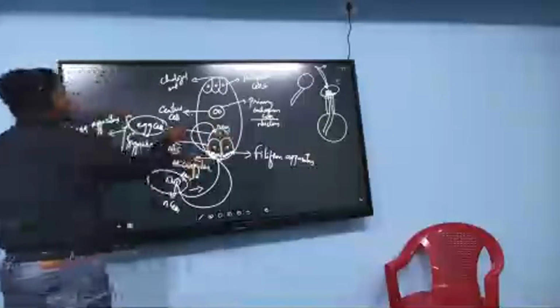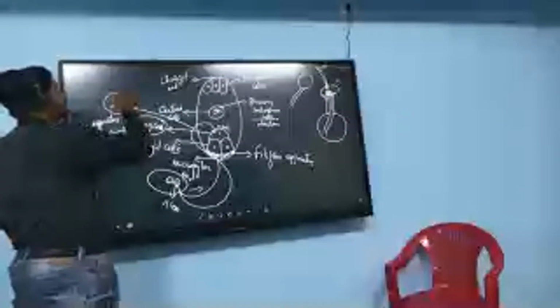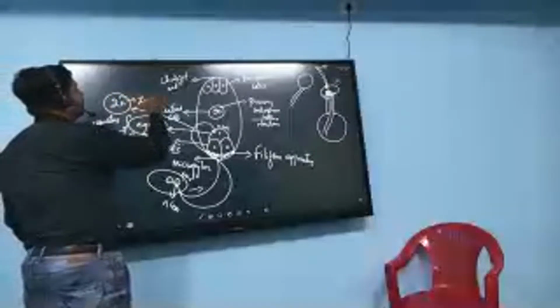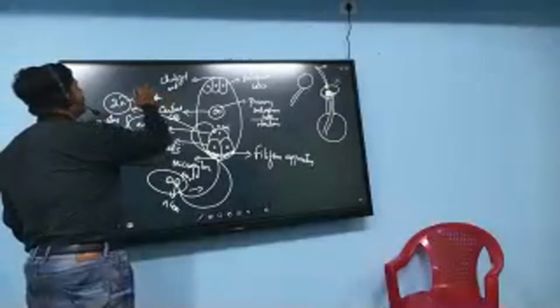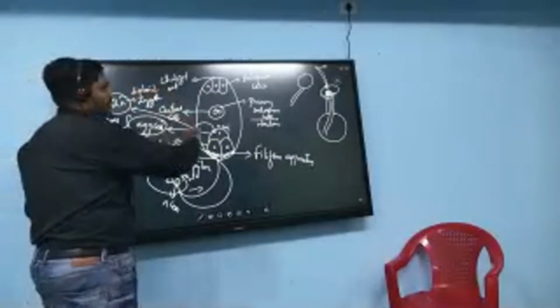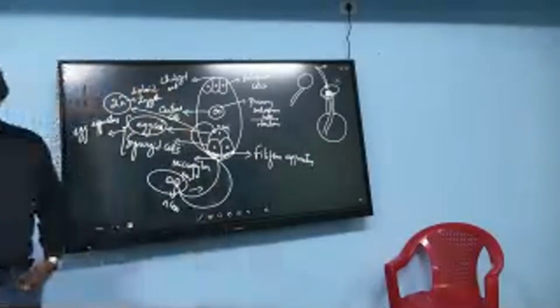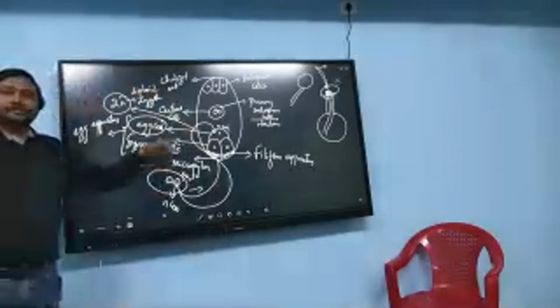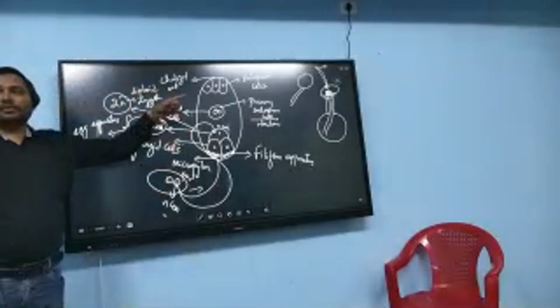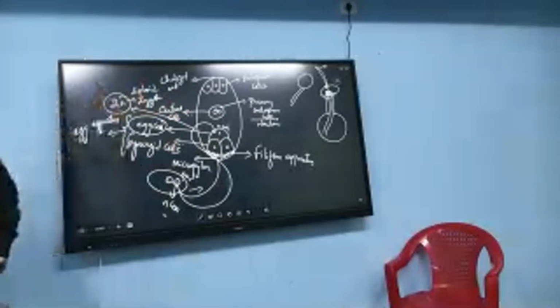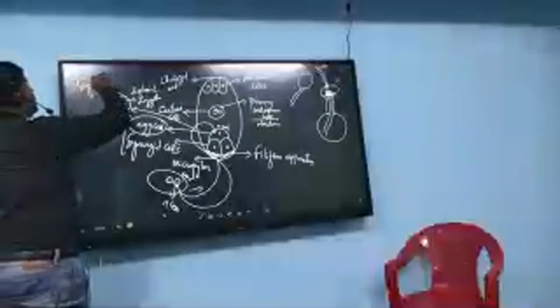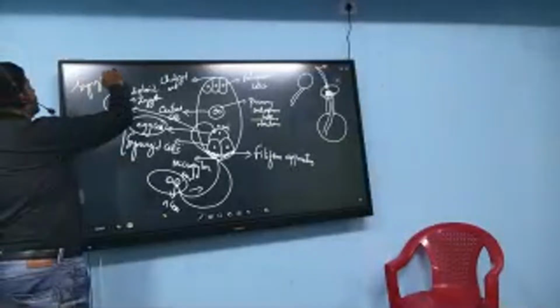What will be the result? A 2n cell. That will lead to the formation of the diploid zygote. When the male gamete is fusing with the female gamete, the process is called syngamy. Another word for syngamy is fertilization.